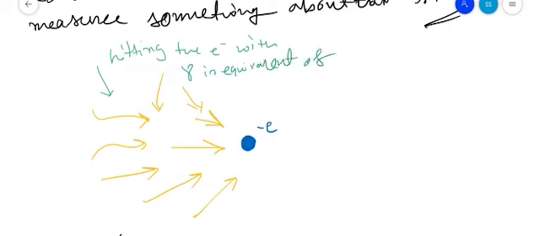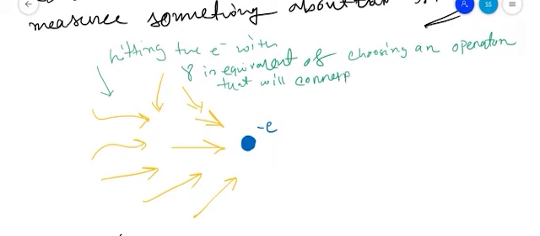of choosing an operator that will correspond to some measurement. Obviously not all operators will correspond to measurements, and not all operators will give us something observable.